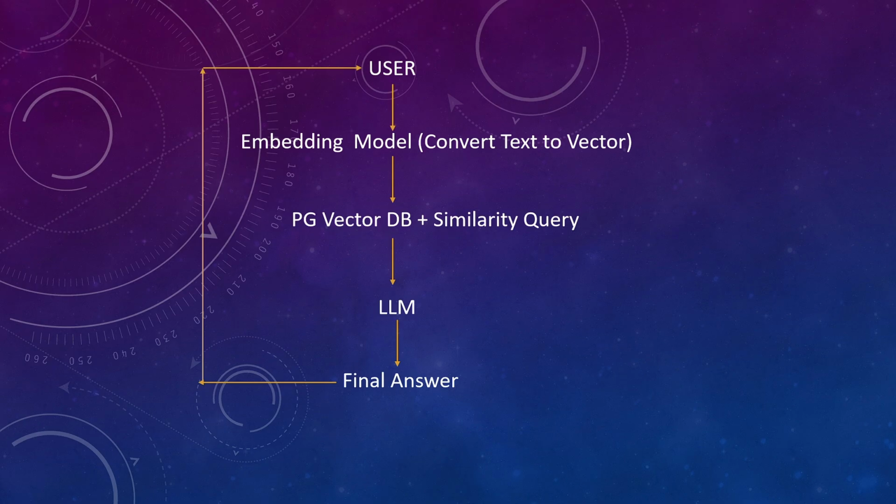Now, those small chunks are consumed by the embedding model. The role of the embedding model is to convert text to vector. Here the vector comes into the picture because we don't want to search based on the exact string.